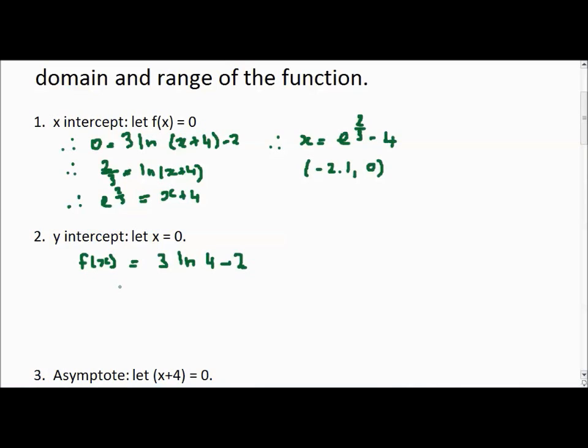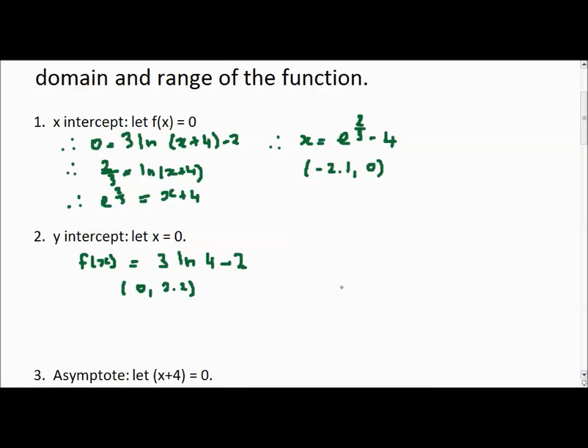We can again write that as a coordinate, and for plotting purposes it would be helpful to have an approximation, and if you use your calculator you're going to find that that is approximately (0, 2.2), good enough for our purposes.